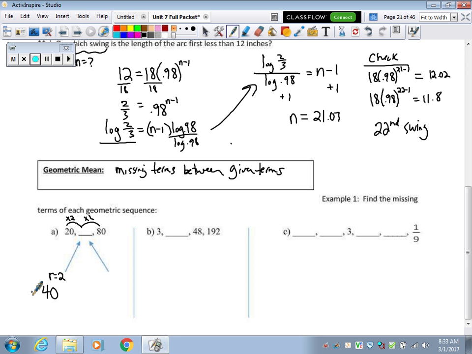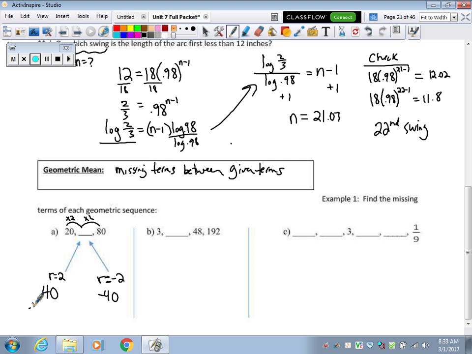But because it goes positive, blank, positive, you also might be multiplying by a negative 2. And there's no way for you to tell. It could be a negative 40 there. Because if you have 20 multiplied by negative 2, you're going to get negative 40. Multiplied by another negative 2, you're going to go to positive 80. So you have no way of knowing if that missing term is positive or negative. And that's just something kind of interesting.